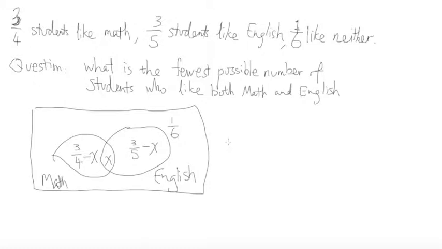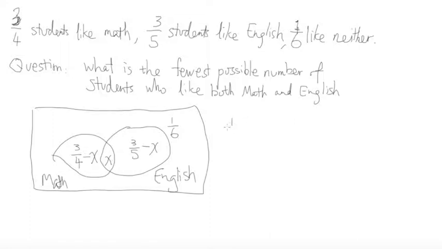So that's a picture with an unknown x. And now what do we have? Well, everything should add up to 100%, which is 1. So this should allow us to figure out what x is.